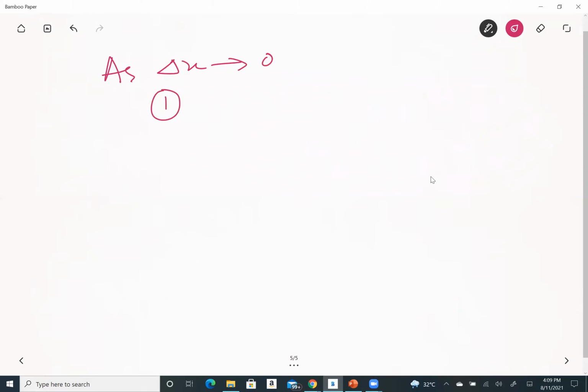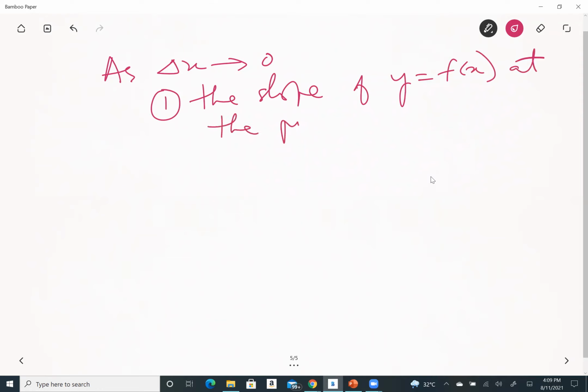Number 1, you have the slope of a function y equal to f of x at the point A. Since we are talking about A, but it's not necessarily A, it can be any point, it will be the slope of the function f of x at the point A.